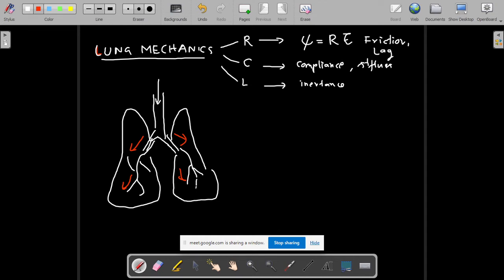At the edge you have the alveoli, which is responsible for the oxygen transmit. Now we are going to try to get a circuit for this mechanism.